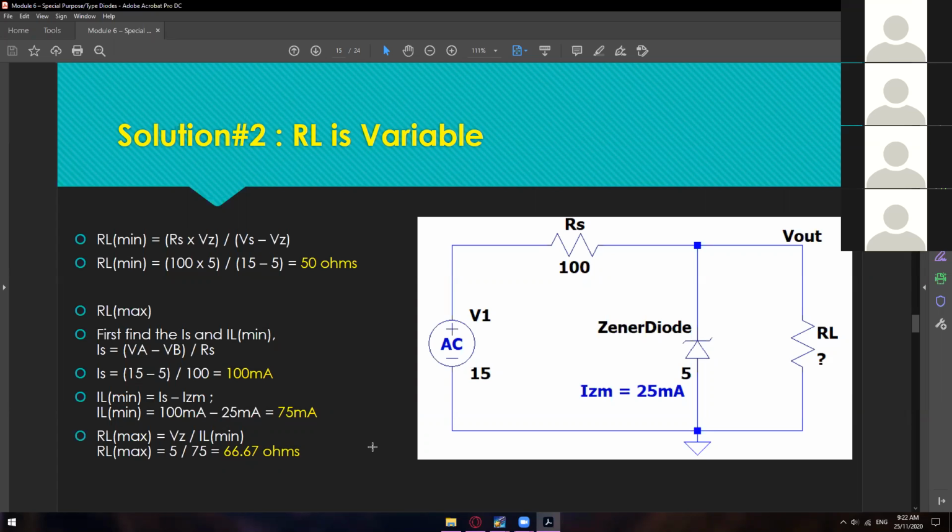So for now, do you guys have a question or clarification so far regarding example number 2? None yet, sir.